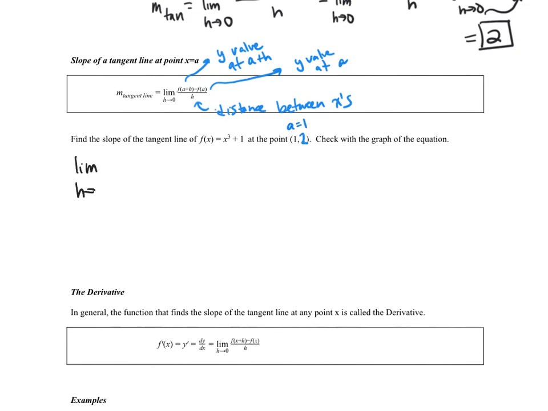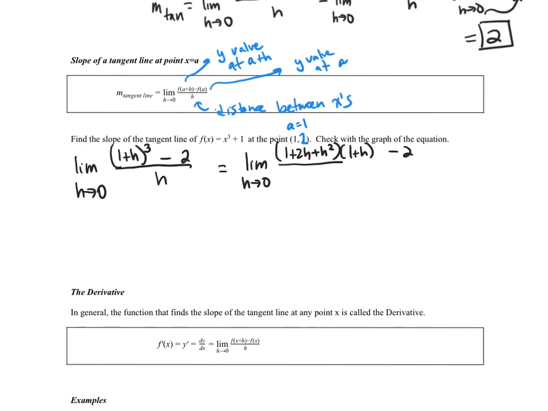I'm going to be finding the limit as h goes to 0 of 1 plus h cubed minus 1, or minus 2, pardon me, because it's f of 1, all over h. So now we have to FOIL this all out. I know from earlier, if I do 2 of them, I get 1 plus 2h plus h squared, times 1 plus h, minus 2, all over h.